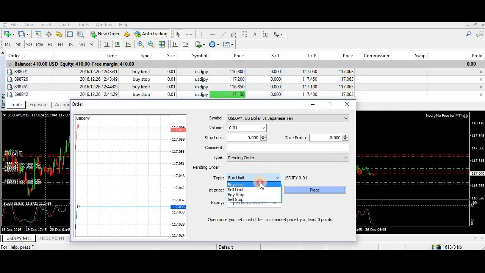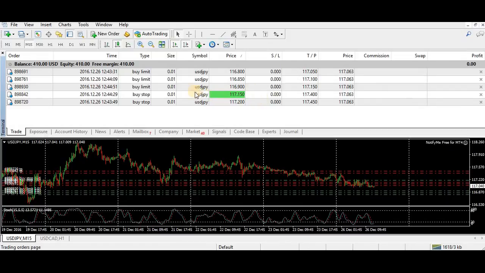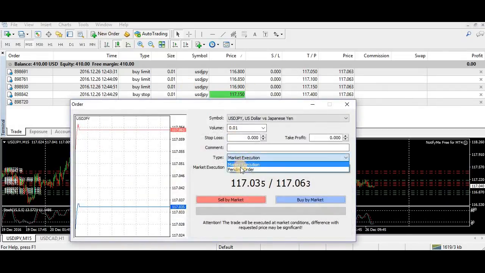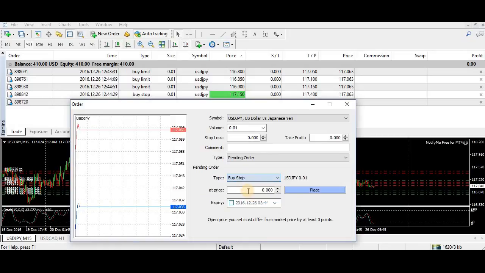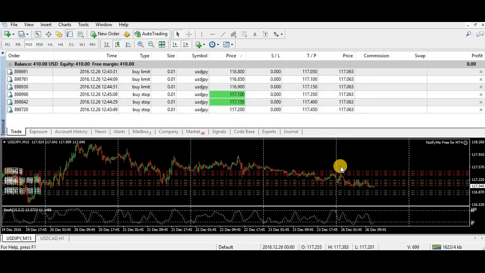Buy limit, take profit. So I will continue to build this out 250 pips in each direction, and that will be my channel.